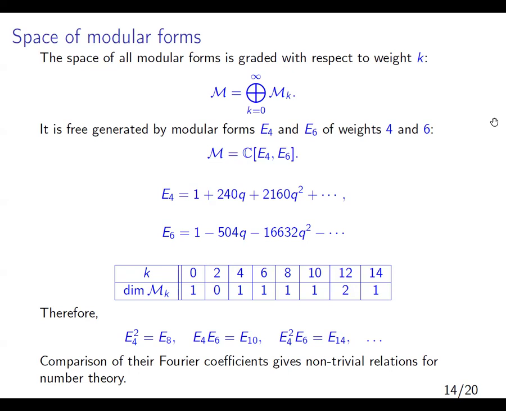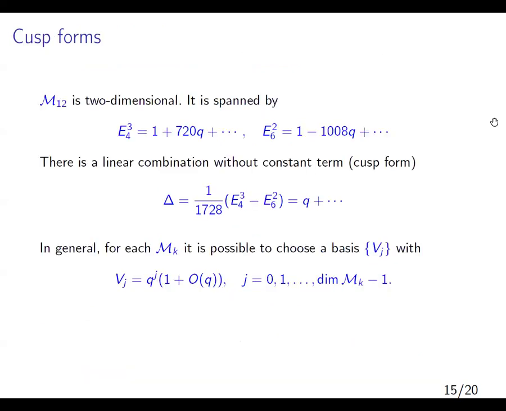It means, for example, that E4 squared will be E8, because we have only a one-dimensional space of weight 8, and so on. Already this relation gives many non-trivial properties for number theory. There are some special properties if you consider modular forms of weight 12.